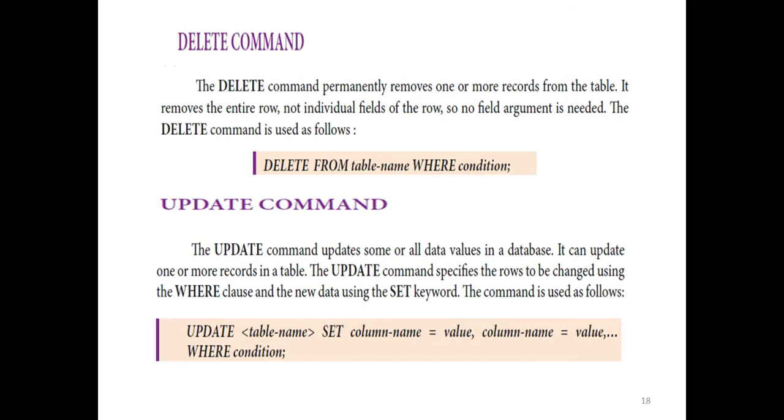Okay. The next one, delete. Delete means what? Some records can be deleted with the help of the delete command. The delete command permanently removes one or more records from the table. For example, in our class we have 72 students. Suppose one student has left.